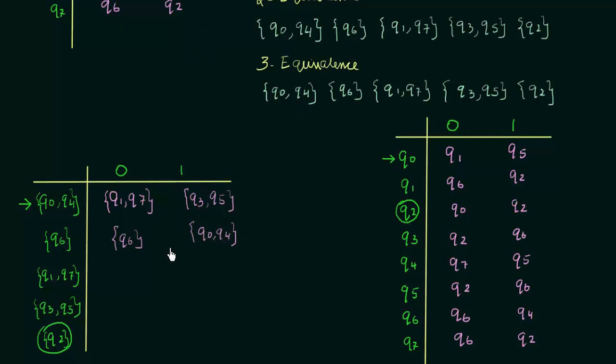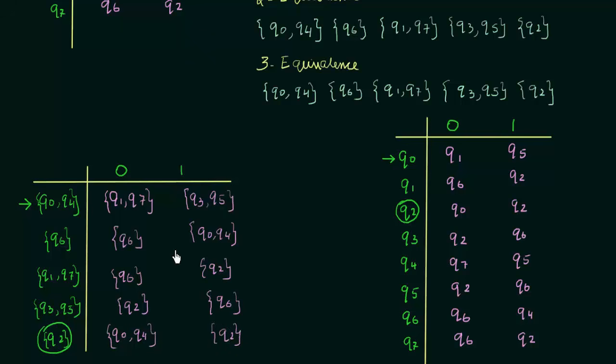So in the same way, if you fill up this table, you can see that Q1, Q7 on getting input 0 it goes to Q6, and on getting input 1 it goes to Q2, and Q3, Q5 on getting input 0 it goes to Q2, and on getting input 1 it goes to Q6, and Q2 on getting input 0 it goes to Q0, Q4, and on getting input 1 it goes to Q2.